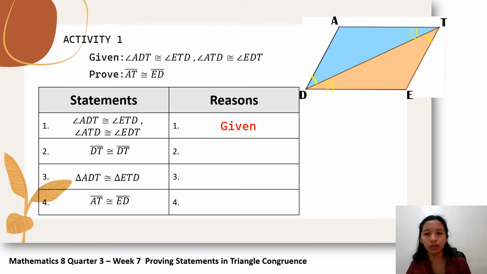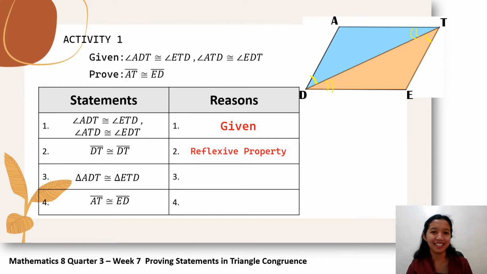Since we already have two congruent parts of the triangles, what must be next? Our next statement, the second statement, is line DT is congruent to line DT. So what is our reason for that?